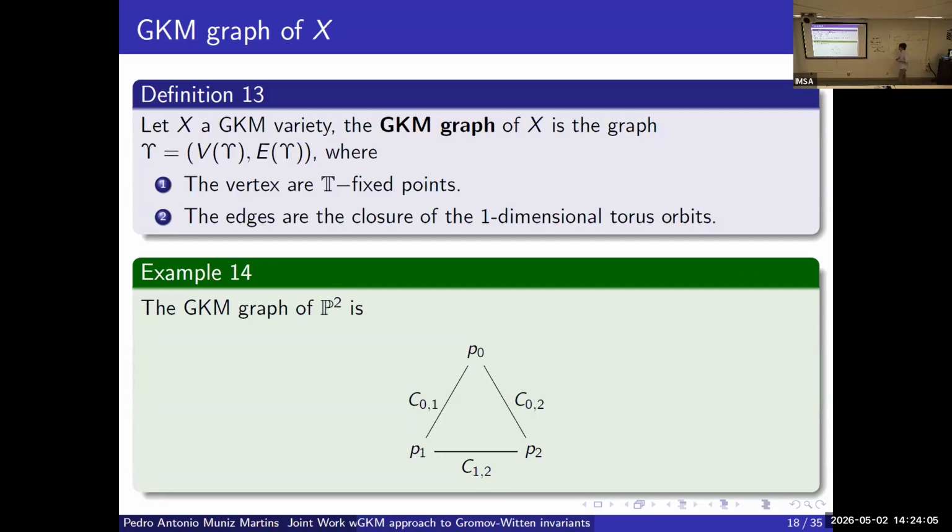The fixed locus of this action is just 3 points that are here denoted by P1, P0, and P2, and the one-dimensional orbits are just these P1s here inside that go from P1 to P0, and from P0 to P2, and this is the GKM graph of P2.